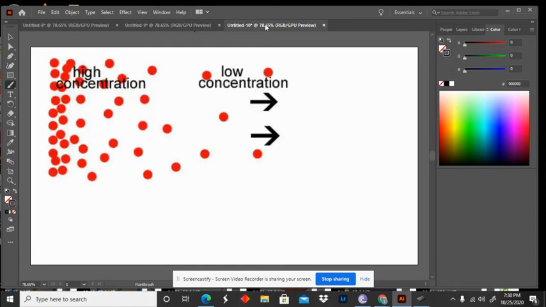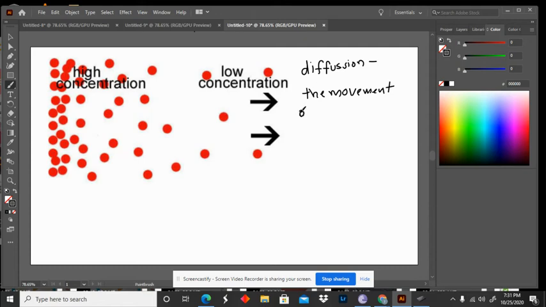So this is a diagram of an area of high concentration and an area of low concentration. So let me write the definition the best I can of diffusion. Diffusion is the movement. Remember, we're talking about transport, so we're talking about movement.